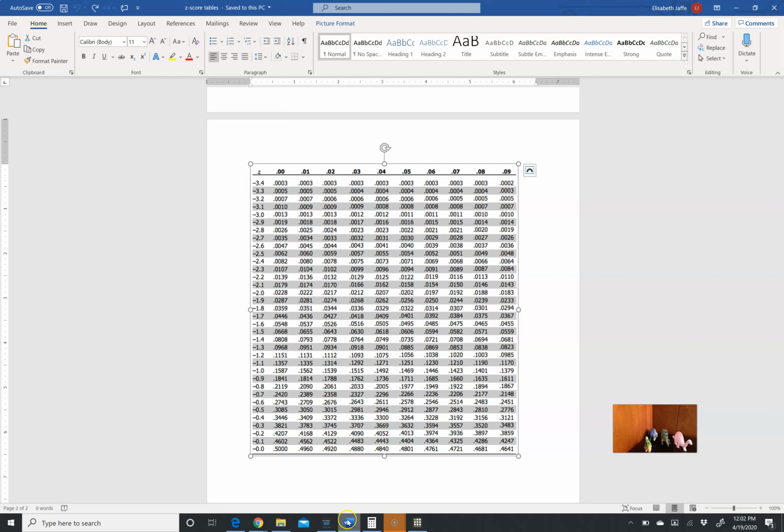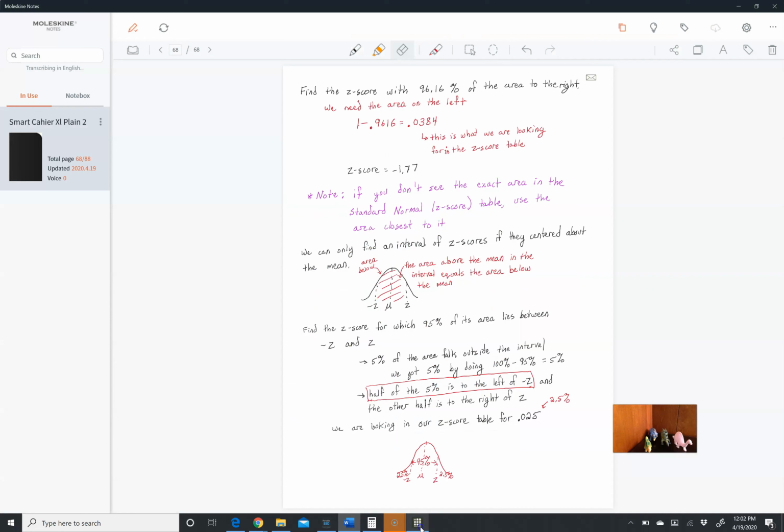It's positive, right? So this tells us z is equal to 1.96. And negative z is equal to negative 1.96. Okay, so it's between 1.96 and negative 1.96.